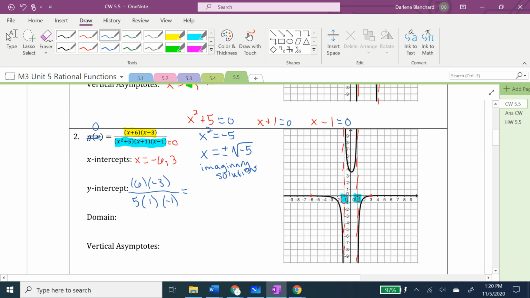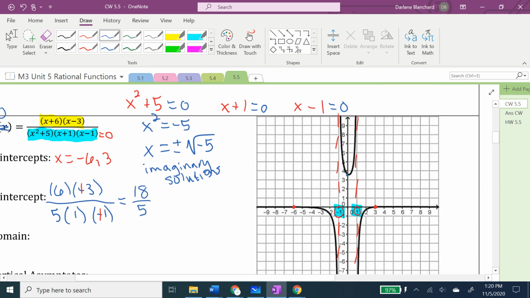Altogether, I have 2 negatives, so I'm going to get a positive number. And that number is 18/5. And then 18/5 is 3 3/5. Oh, wow. I guessed right.